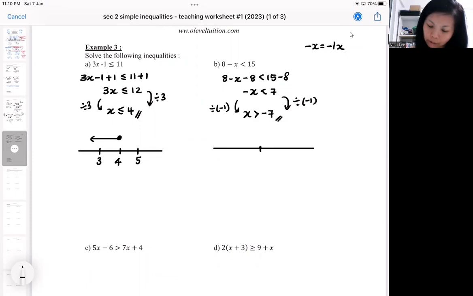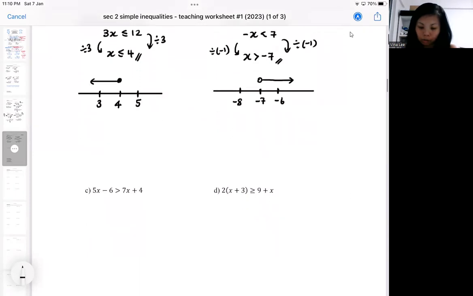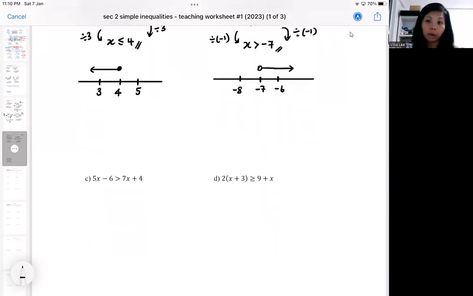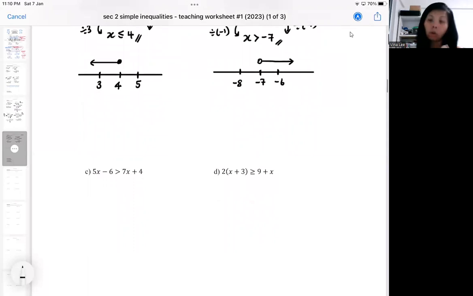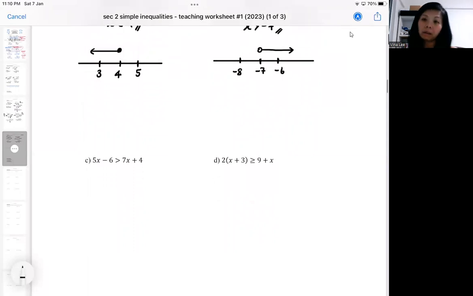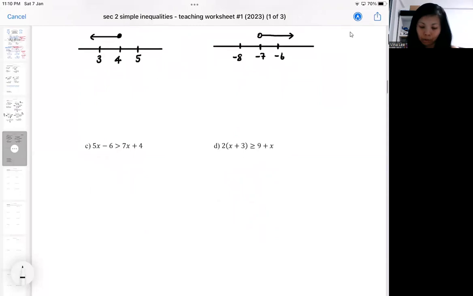So draw the number line with the surrounding number. And you want it to be greater than -7, so that is the number on the right side. So they behave like algebra, only when it comes to multiplying and dividing by a negative number.